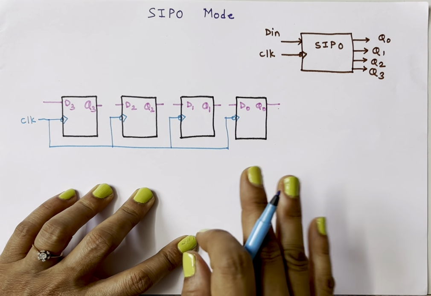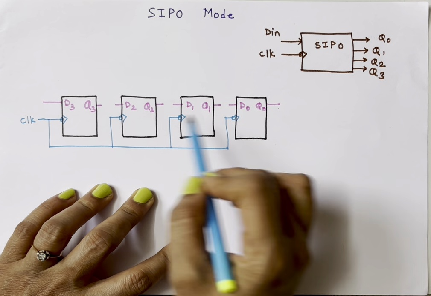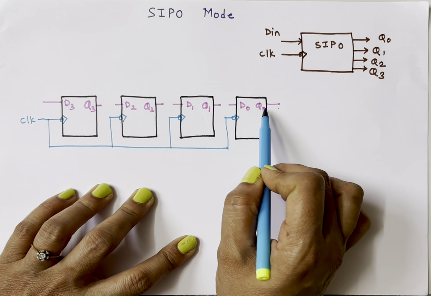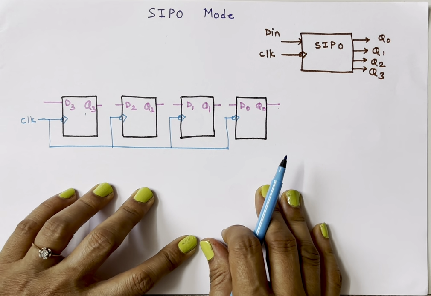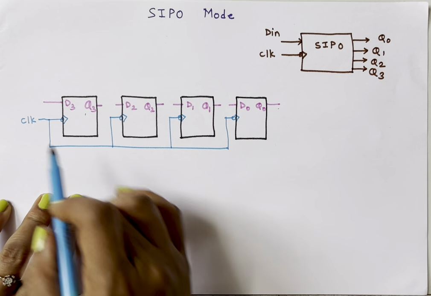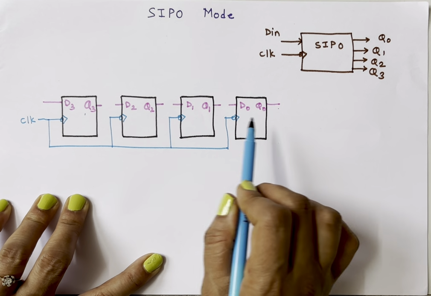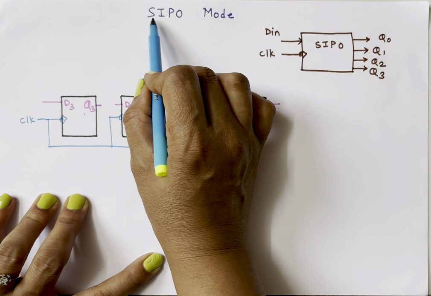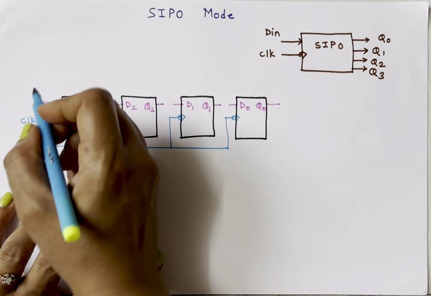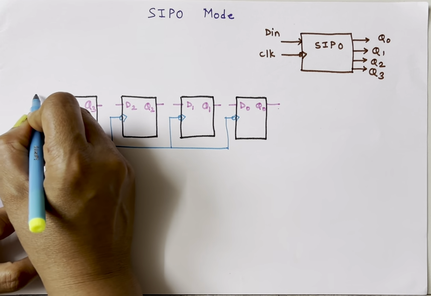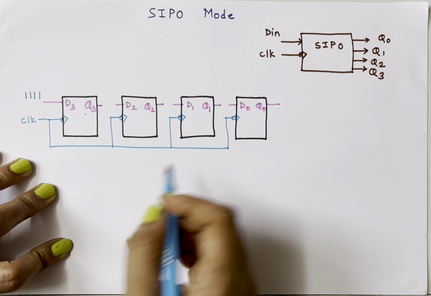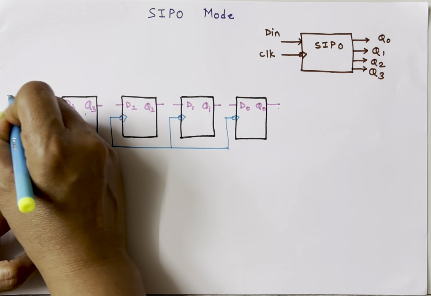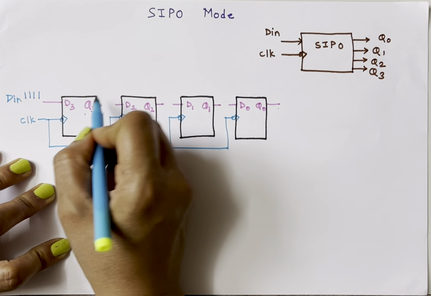Now let's draw a diagram using flip-flops. Just like serial in, serial out, I have taken 4 flip-flops: Q0, D0, Q1, D1, Q2, D2, Q3, D3. This is a synchronous circuit, so a single external clock is connected to all flip-flops. Data enters serially, so here my external data will come. Again, I'll take the same example, 4 ones. So this is my D in and it enters serially.